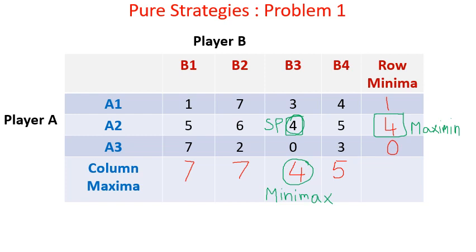So your optimal strategy will be A2, B3, because your saddle point lies at that particular point.